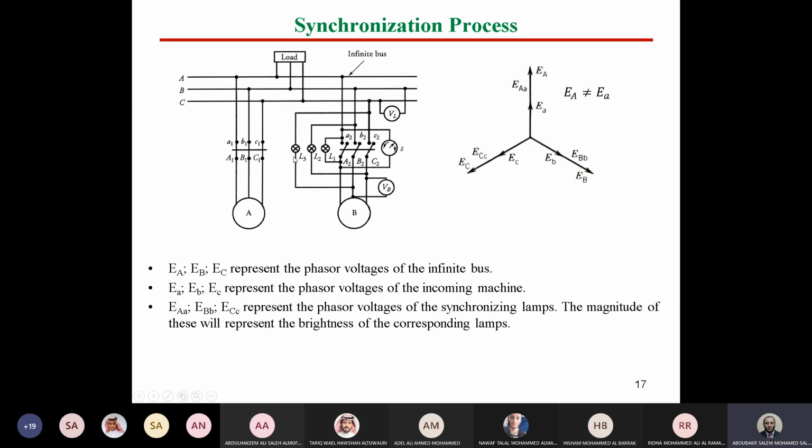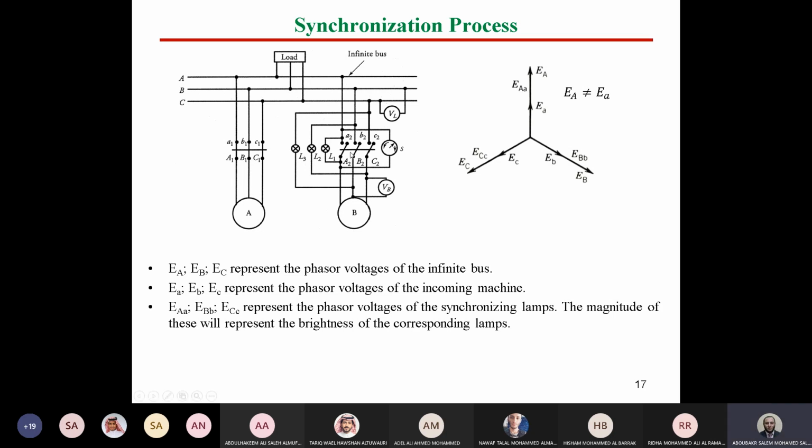We will connect three lamps around the switch's terminals, and if the 3 lamps are turned off completely, we can turn on the switch, because this means the instantaneous voltage difference between grid and generator is 0.